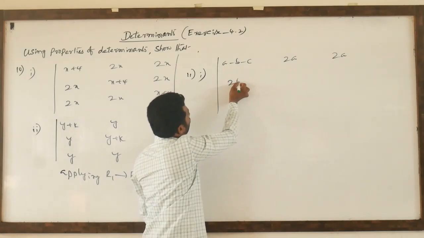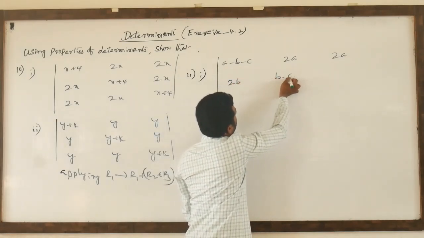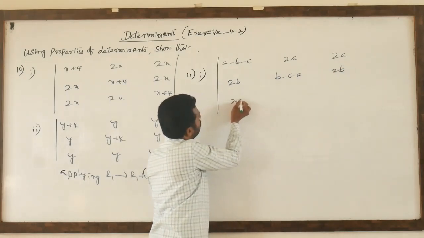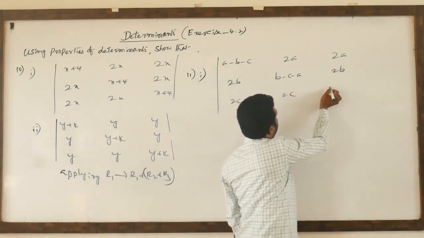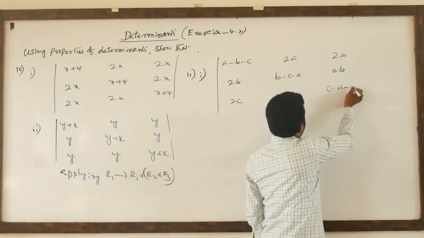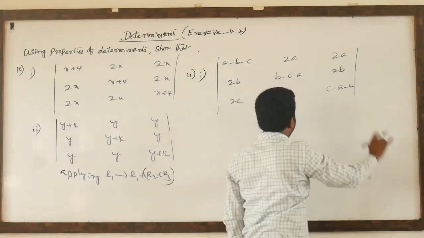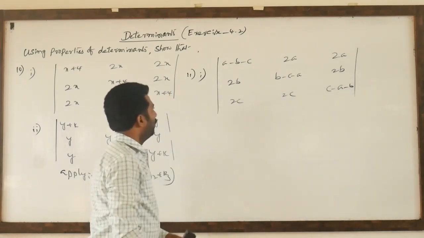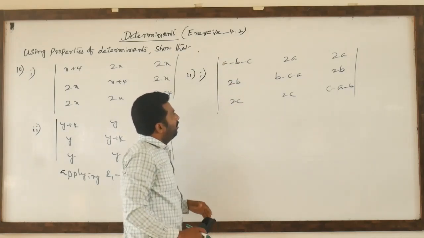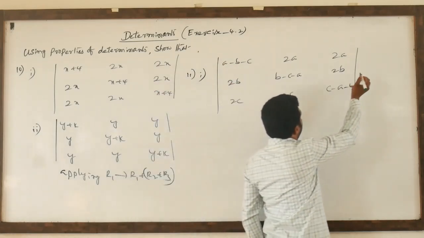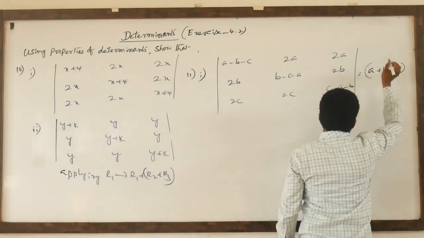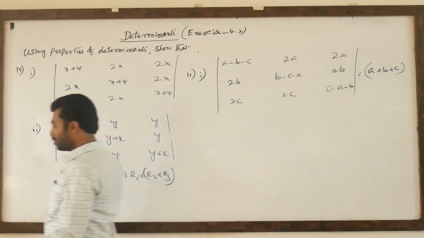This is 2B, B minus C minus A, 2B. This is 2C, 2C, C minus A minus B. Can you guess what we have to prove? R1 changes to R1 plus R2 plus R3 means A plus B plus C will come. So this is A plus B plus C. I think something whole cube or whole square will come.